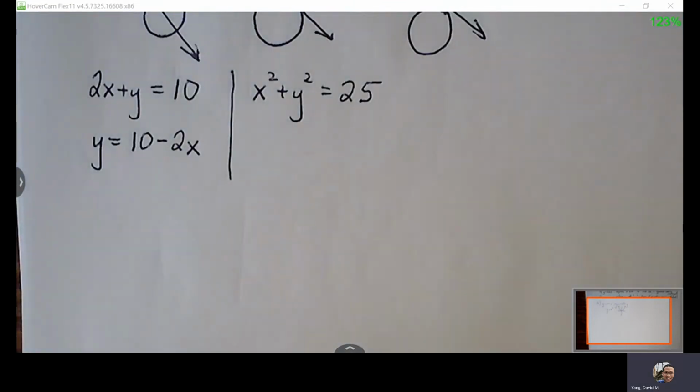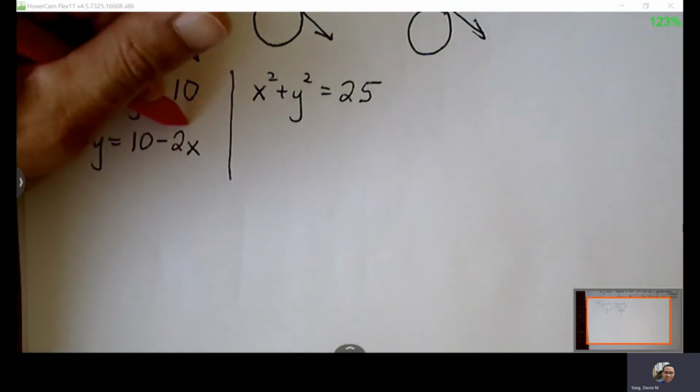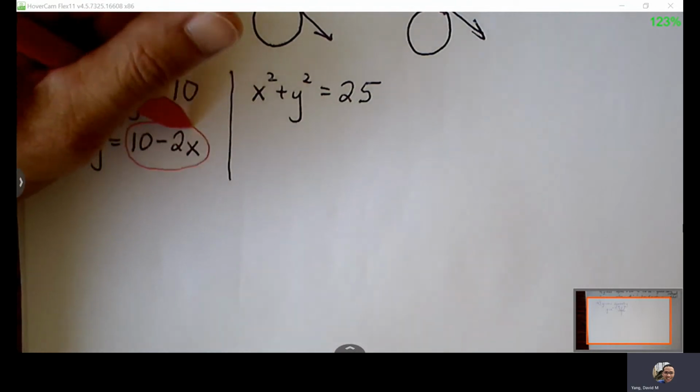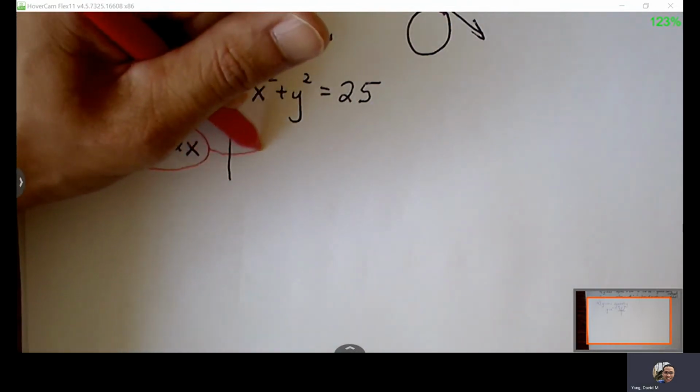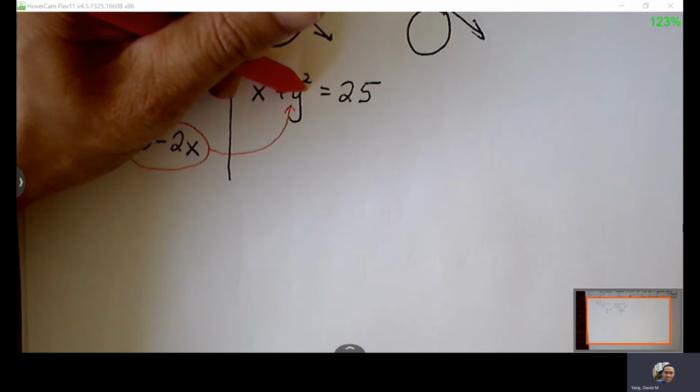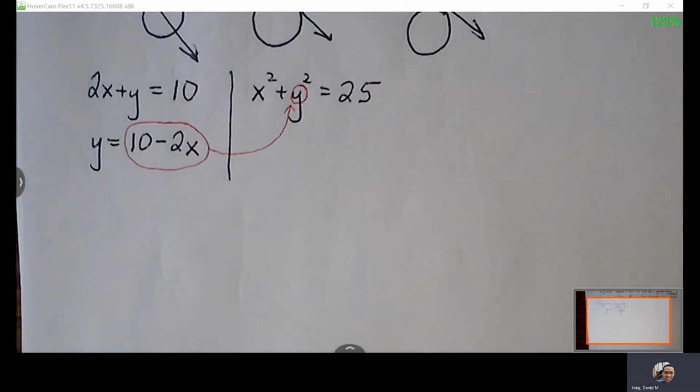I have a nice clean path because y is equal to 10 minus 2x. This will insert nicely into my y variable. Now I can get one equation down to one variable, and I can just focus my attention on that one variable.